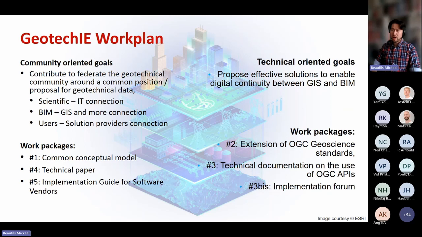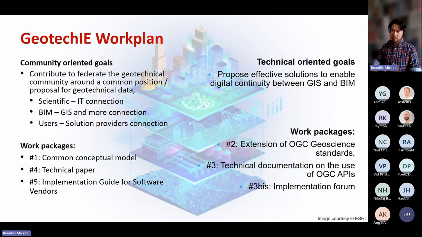The work plan we had in this Geotech IE was to address two things. As I mentioned before, this is to find the balance between community-oriented goals and technical-oriented goals. Regarding the community-oriented goals, it's about working on the semantics, having a common conceptual model, and providing guidance thanks to a technical paper and also an implementation guide for software vendors.